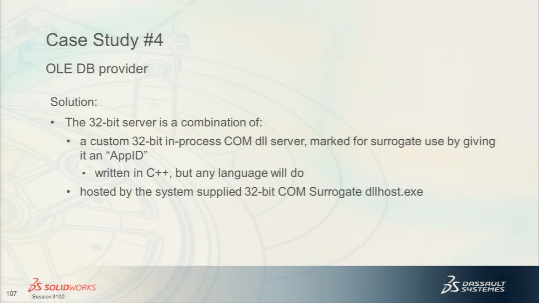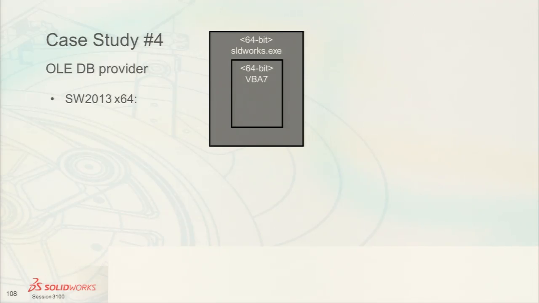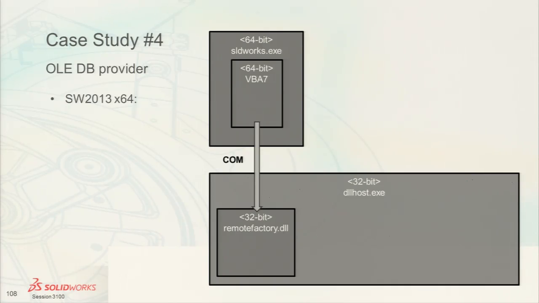I've written it in C++, but any language you can use to write this COM object will do. Because as long as it's pure COM, it can be done. The only trick is to mark it with an app ID. So graphically, SolidWorks 64-bit with VBA7 living inside of it, it will request this factory object which lives in my own DLL.